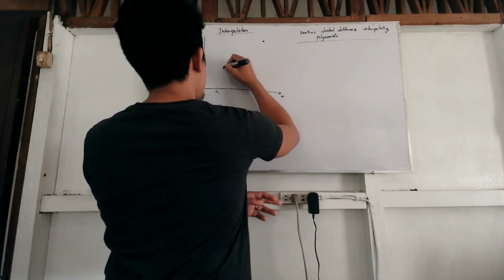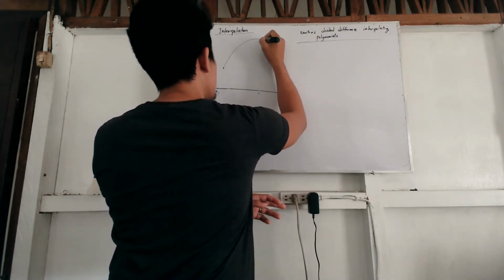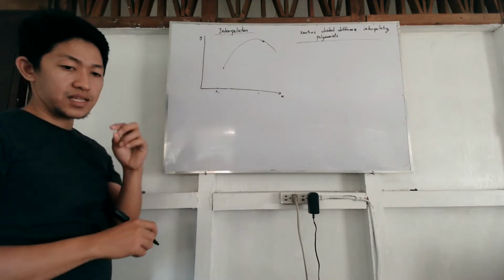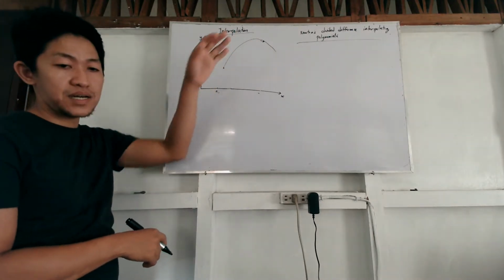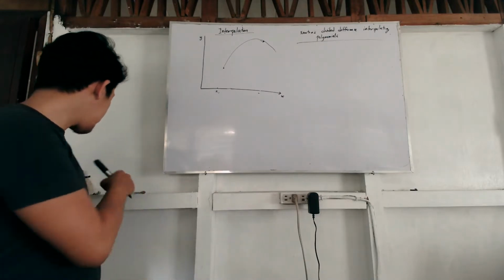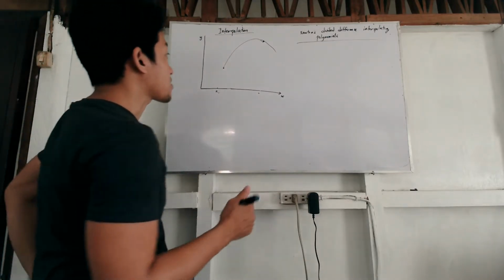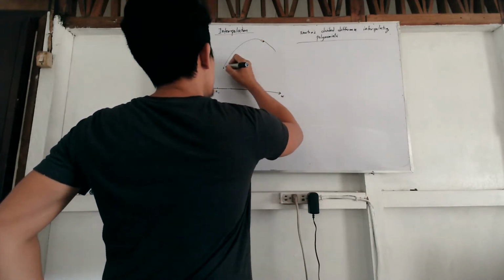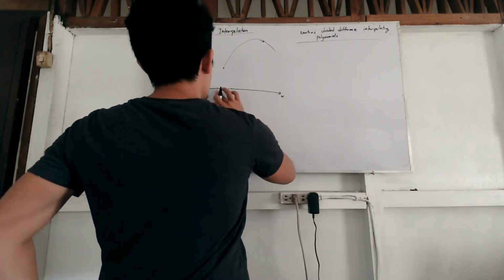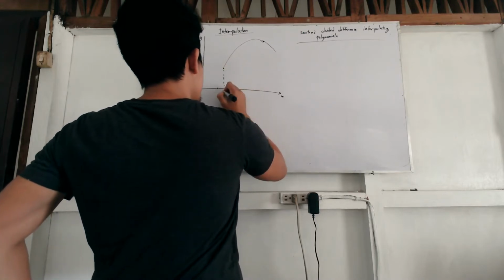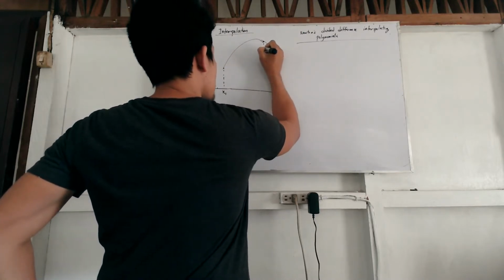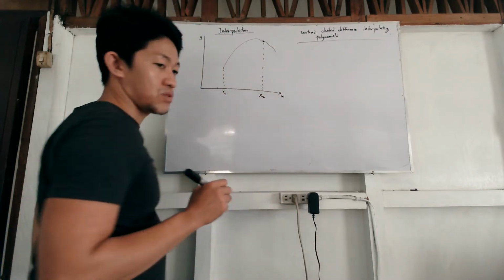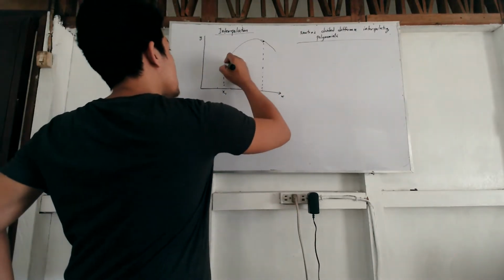So say for example this is the graph of your data, but you don't have an equation for that function. So what you will do is you will connect, for example, this is x1 and this is x2. What you will do is you connect these 2 points.